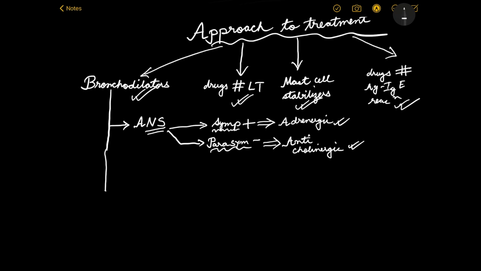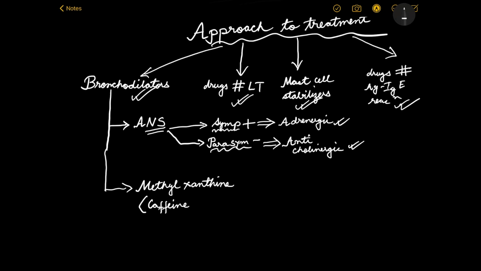Another way of causing bronchodilation, see, there is a class of compounds which are known as methylxanthines. A very common example of methylxanthine is caffeine, in coffee, tea, all those caffeinated beverages.